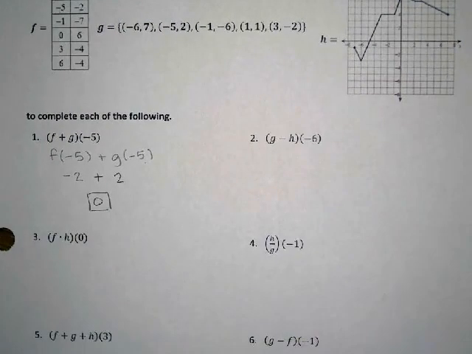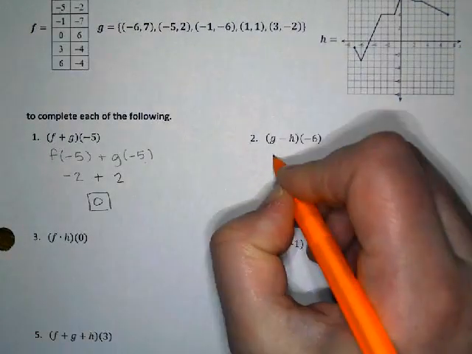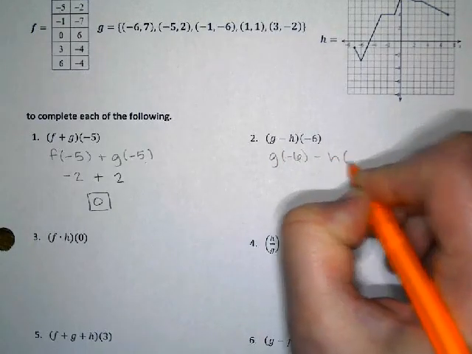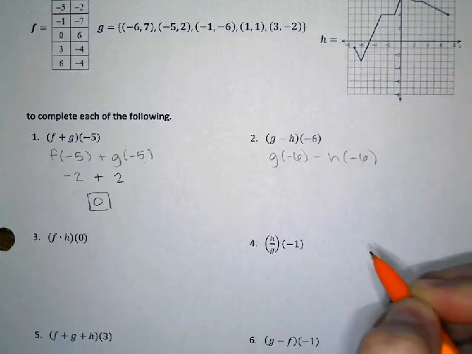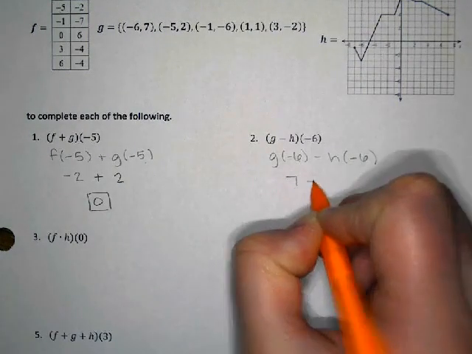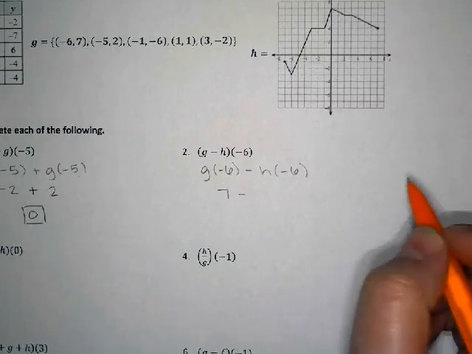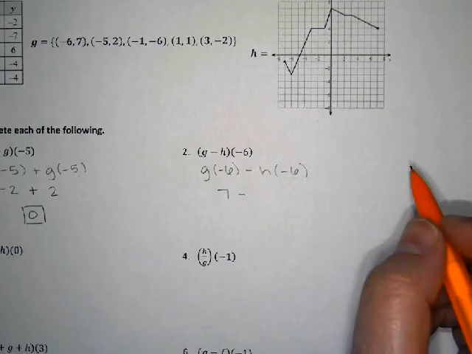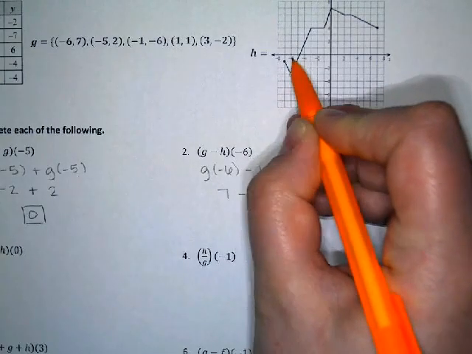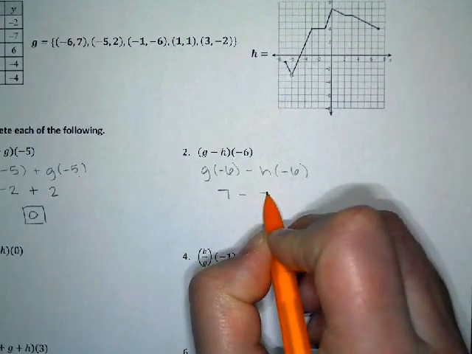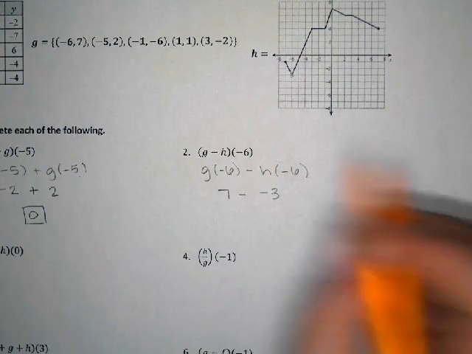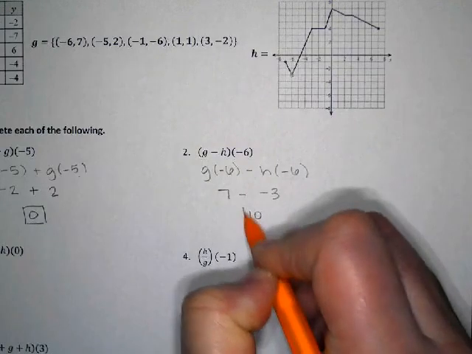All right? Here, so g minus h of negative 6. This is g of negative 6 subtracting h of negative 6. So g of negative 6 is what? 7. And then h of negative 6 is negative 3. So plug in negative 6, we get negative 3. 1, 2, 3, negative 3. So 7 minus negative 3, 10.